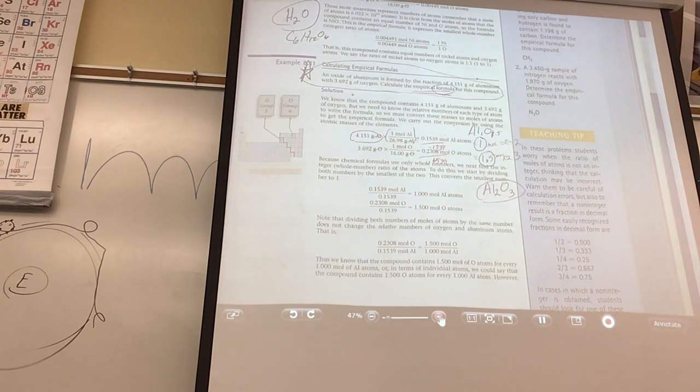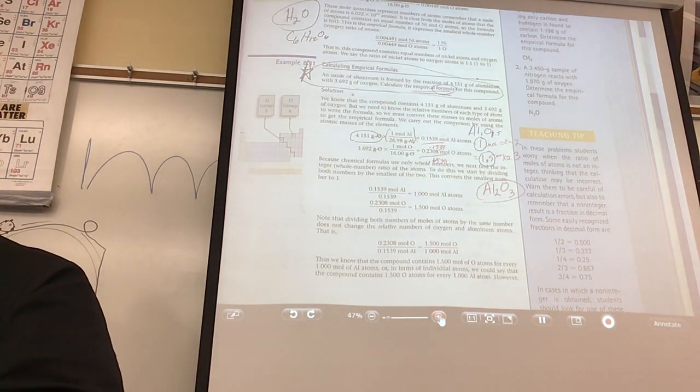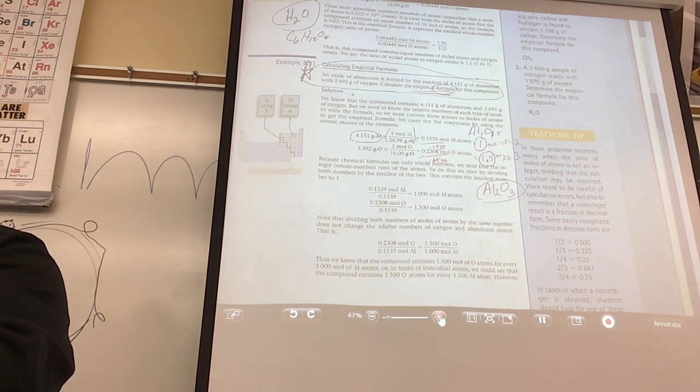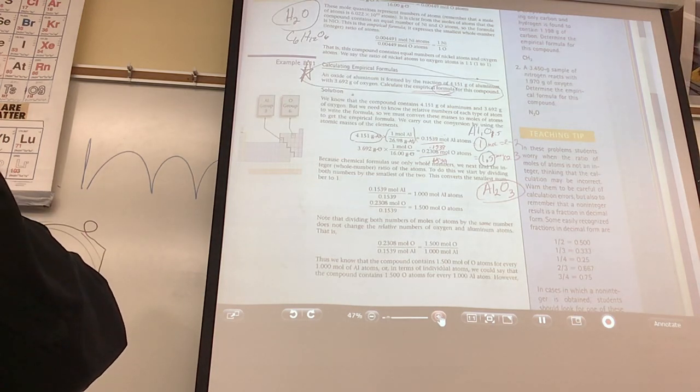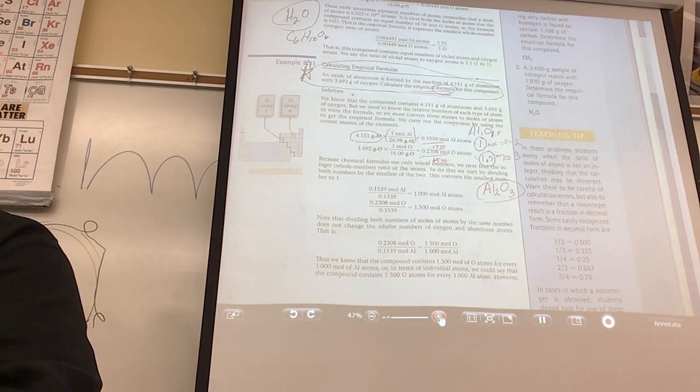All ionic compounds are already reduced to the lowest whole number ratio except for which ones? Yes. Now, even though hydrogen peroxide is not ionic, other peroxides would be, like sodium peroxide.